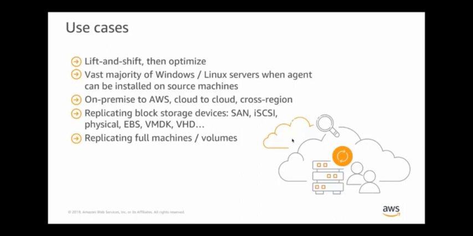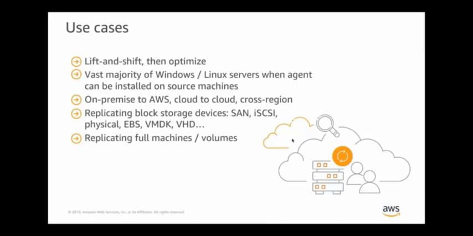And talking about where we can migrate from and to, so CloudEndure can support migrations on premises to the cloud, from any other cloud to the AWS cloud, as well as cross regions. So we talked about disaster recovery. You can migrate from one AWS region to another AWS region, or for disaster recovery purposes, you can be in a continuous replication mode from one AWS region to another AWS region.